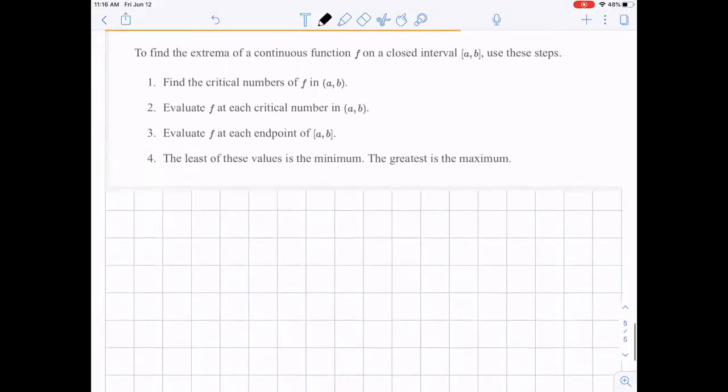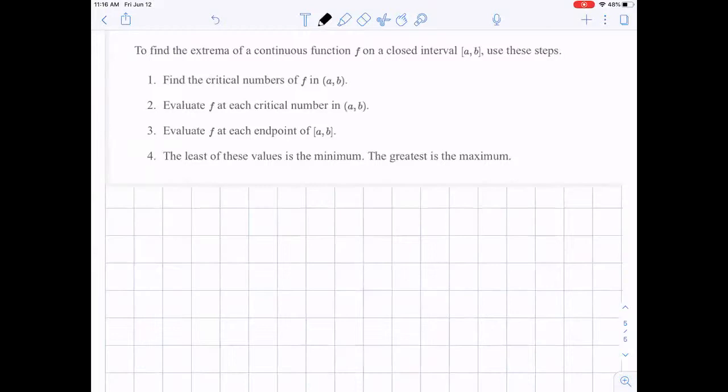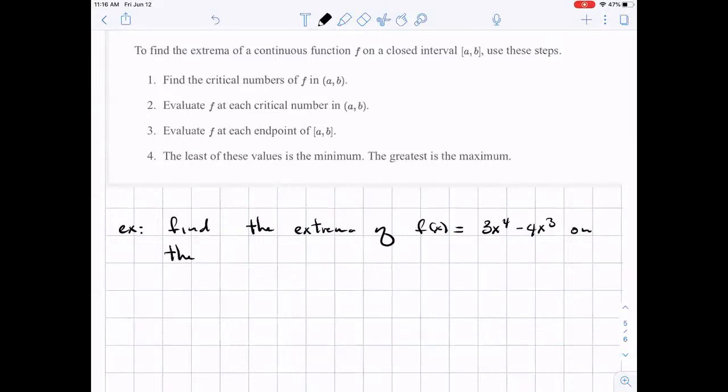So let's look at some scenarios, examples. Find the extrema of f of x equals 3x to the 4th minus 4x cubed on the interval -1 to 2 inclusive.